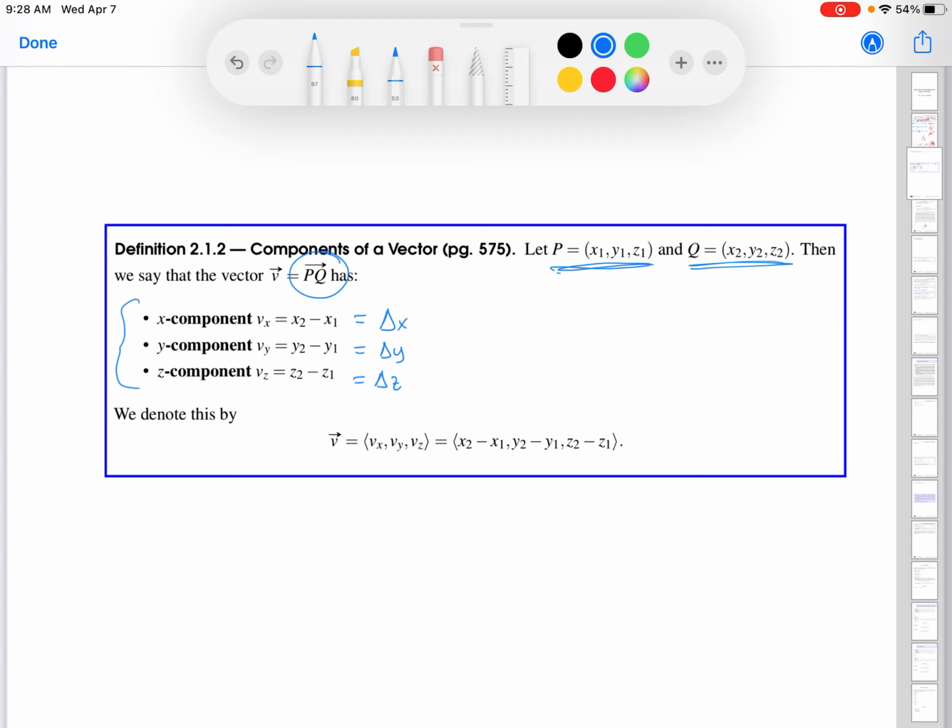And then there's new notation that's introduced by this definition. So here's the vector v, that's the notation we know with the arrow. This is new notation. So from here on out, when we see brackets, that is denoting a vector. And when we look inside the brackets, everything between the commas is giving us the components of the vector.